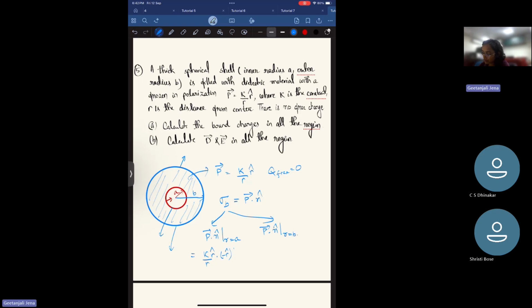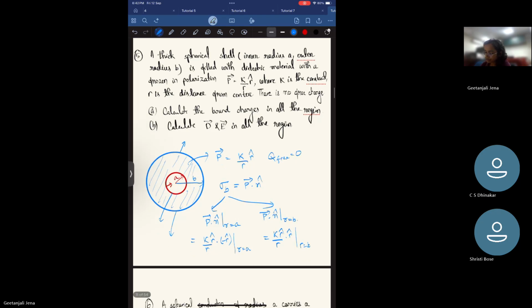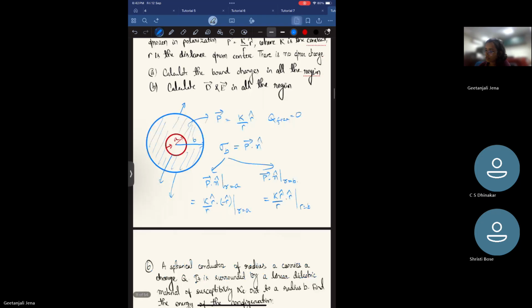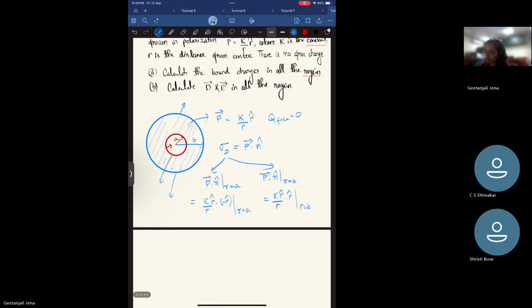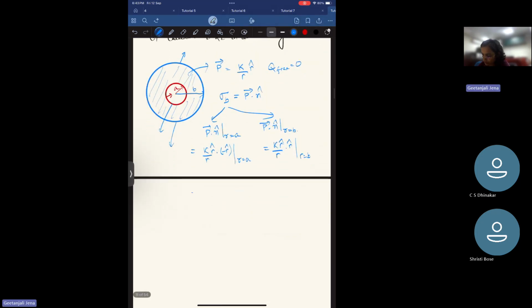Minus r̂ at r equal to A, and this is K by r r̂ at r equal to B. So this will give minus K by A, and this will give K by B.